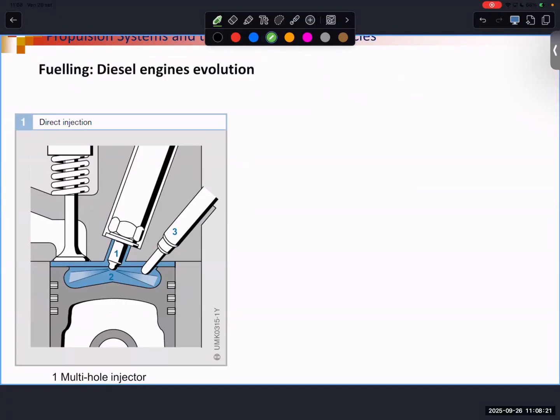So here we have a direct injection. What we have is a multi-hole injector. Generally, we can consider between 7 and 10 holes.